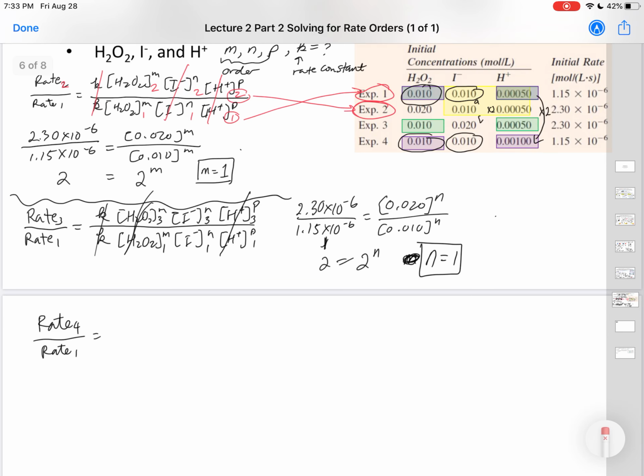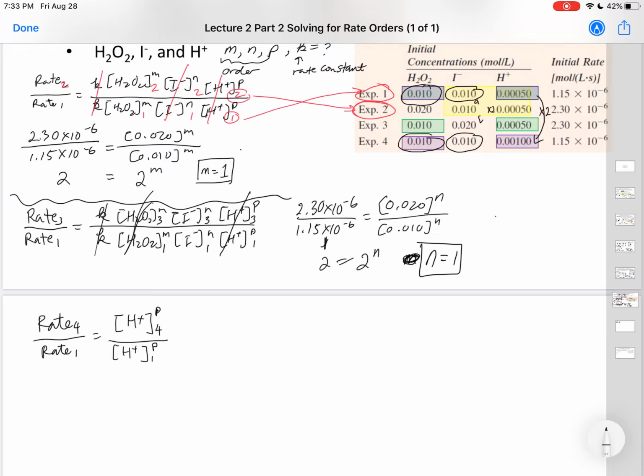The K cancels out. You also know that, let's look above here, you know your K cancels out, your H2O2 cancels out, your I minus cancels out. So really, all you're left with is your H plus concentration. So that's all I'm going to write. H plus of experiment number 4 to the P divided by H plus experiment number 1 to the P. And again, I didn't write all the other stuff because it cancels out, so there's really no point to writing it.